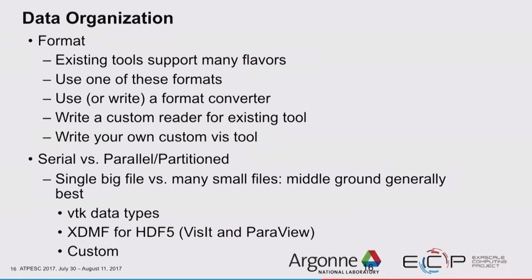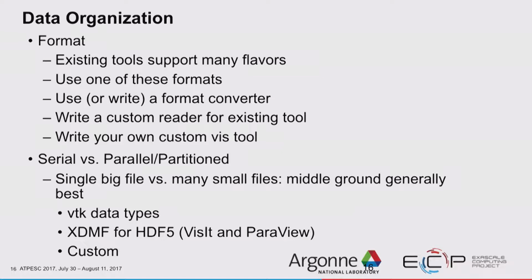So a little bit about data organization. I mentioned there's all kinds of different formats, and a lot of the existing tools already support many flavors of file formats. So options are to use one of those, or to write your own converter, or write a custom reader for an existing tool, for example.